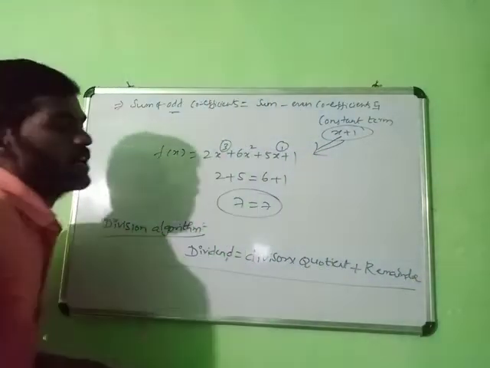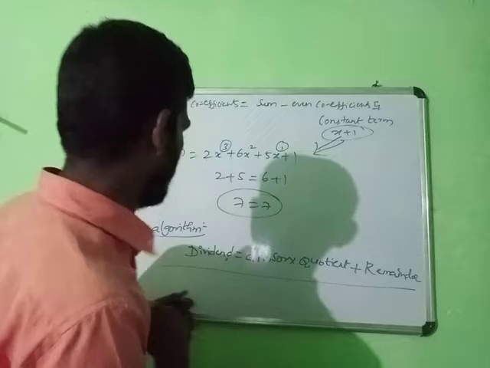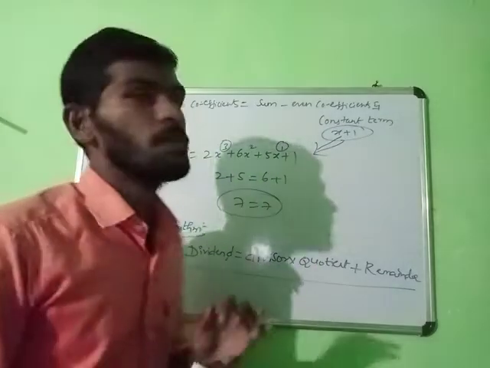This is the division algorithm. Dividend is equal to divisor into quotient plus remainder.